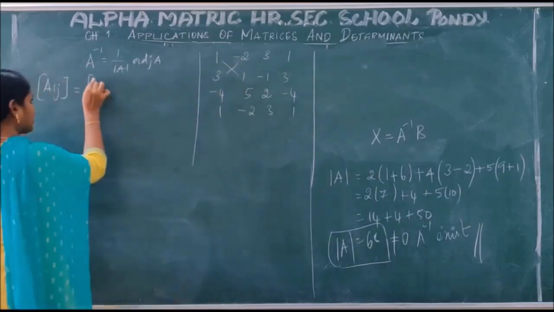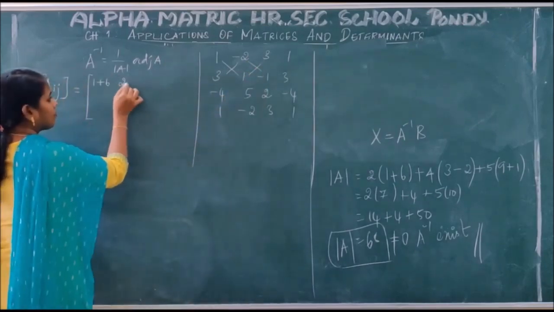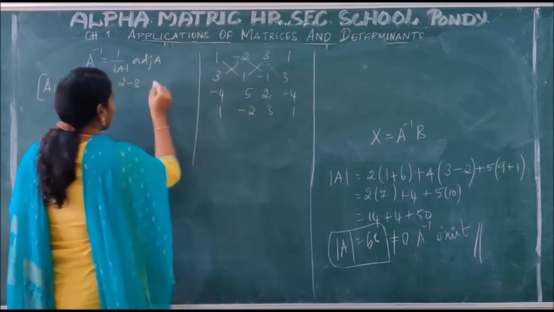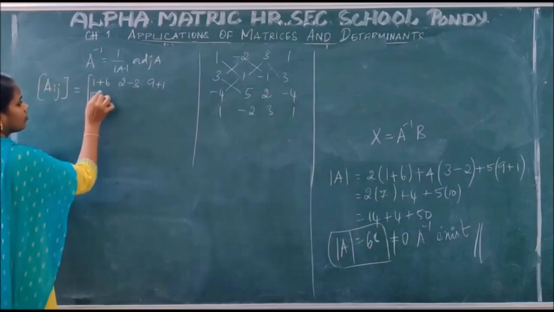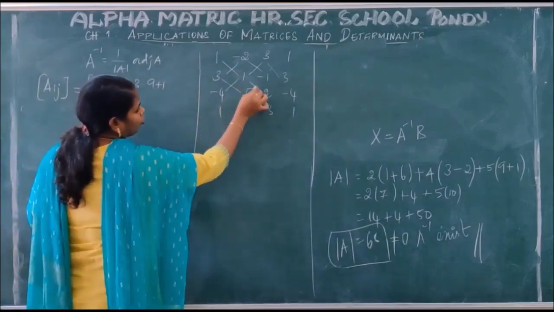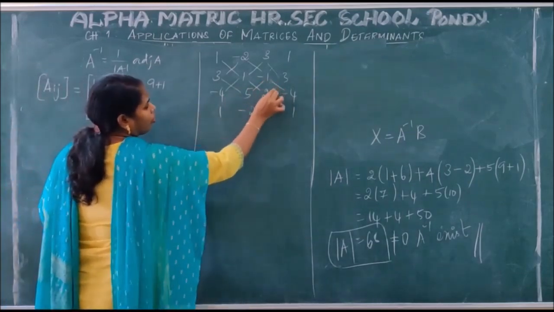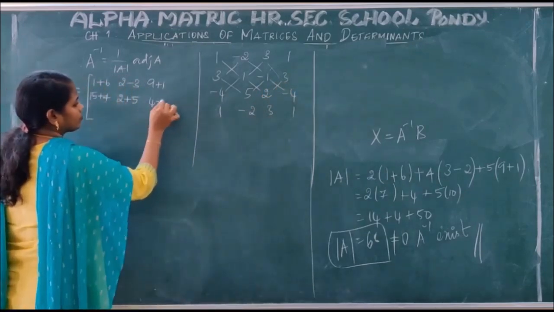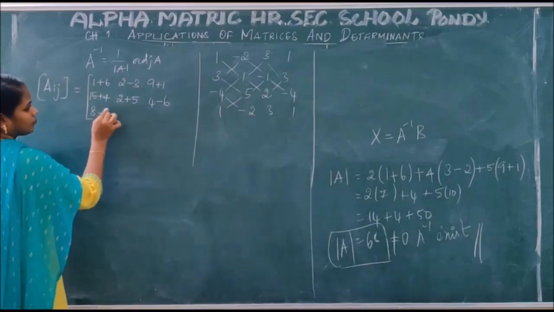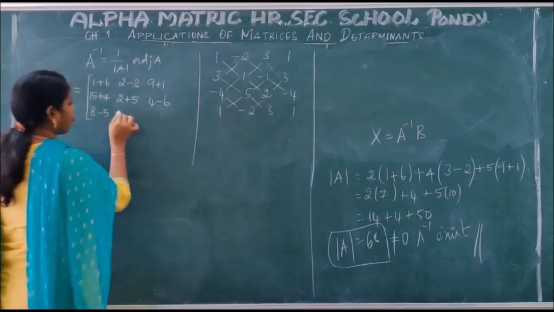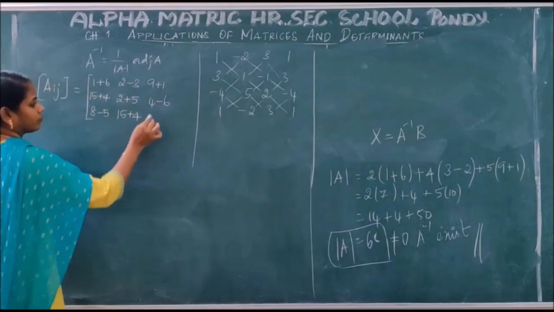1 plus 6. 1 plus 6. 2 minus 3. 9 plus 1. 15 plus 4. 2 plus 5. 4 minus 6. 8 minus 5. 15 plus 4. 2 plus 12.